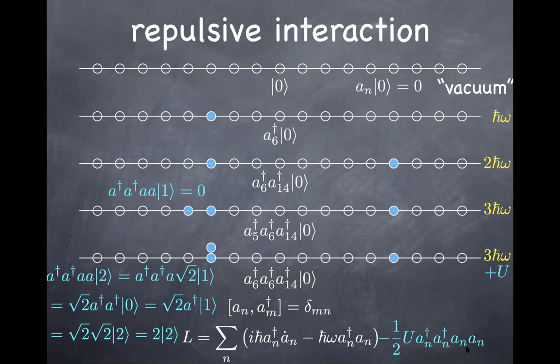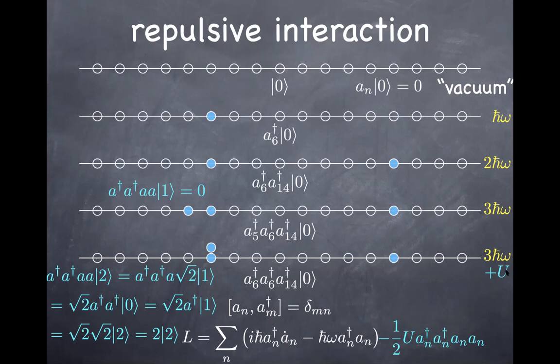So this a dagger a a operator doesn't give you any new contribution. So you're back to this situation without this additional term U.